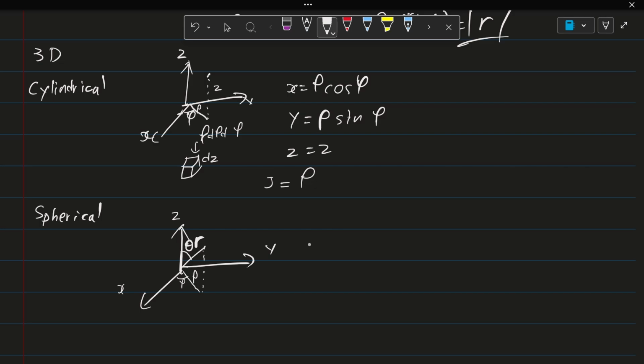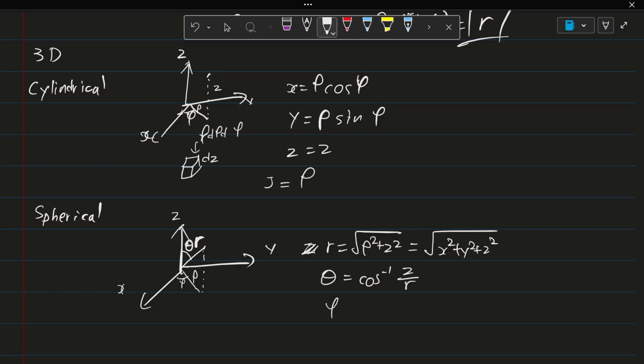And just by using this, you could express new functions. It's just r equals the square root of rho squared plus z squared. It's just a polar coordinate inside another polar coordinate, but it's expressed much more as x squared plus y squared plus z squared. And then for theta, it's going to be the inverse cosine of z over r.